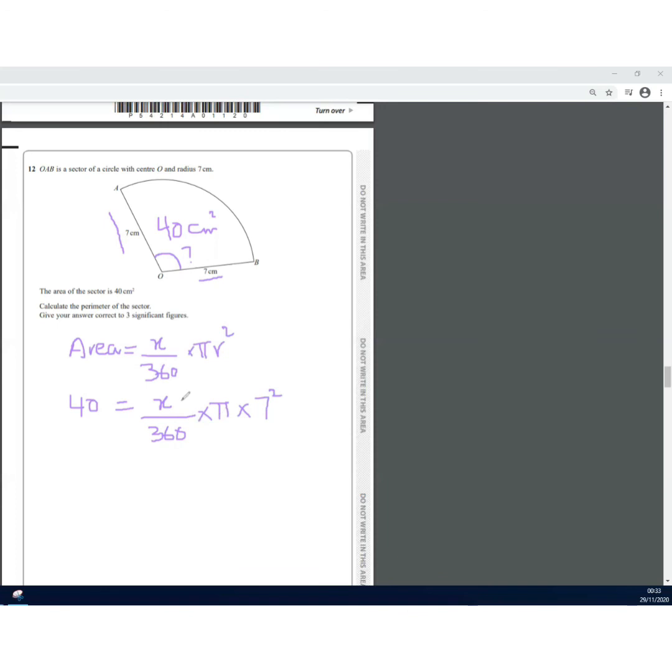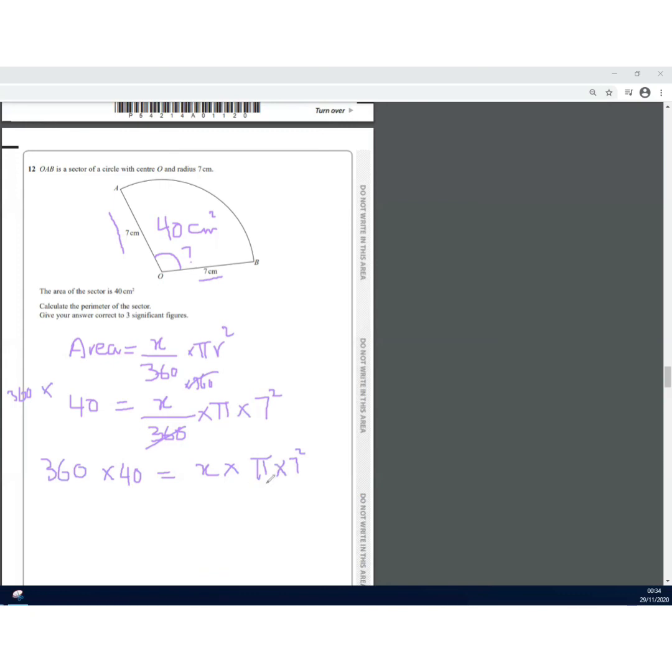So 7 squared. I'll try to make x the subject of this equation and find the value of x. So if I times both sides by 360, to get rid of this 360 from the denominator, that will give us 360 times 40 is equal to x times pi times 7 squared.